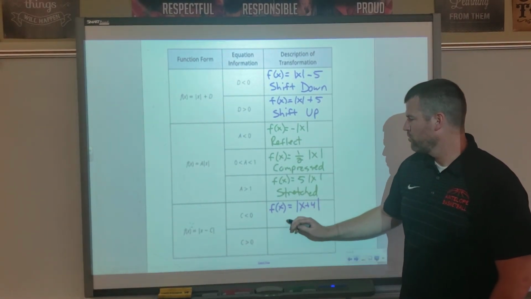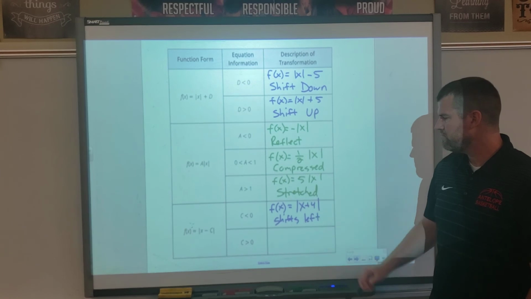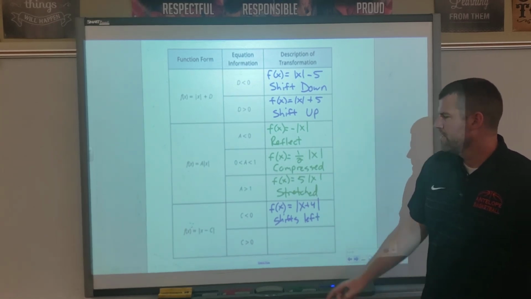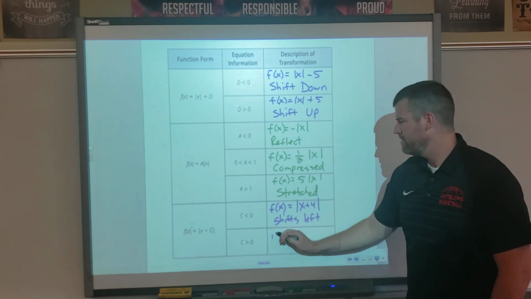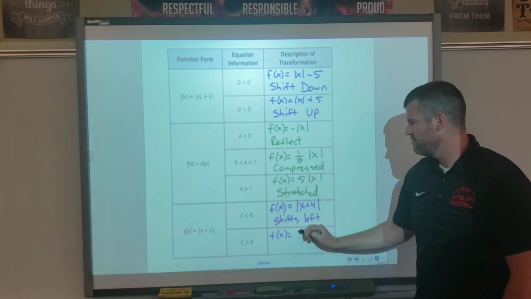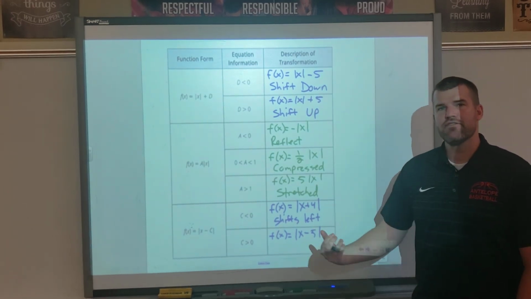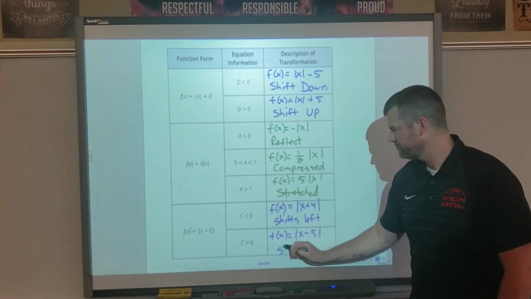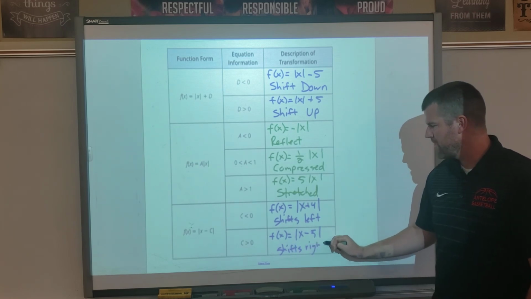And that will move our whole graph left, so shifts left. But if we plug in a number bigger than 0, such as 5, and we get f of x equals x minus 5, that will shift our whole graph to the right. So same thing we were doing with quadratics.